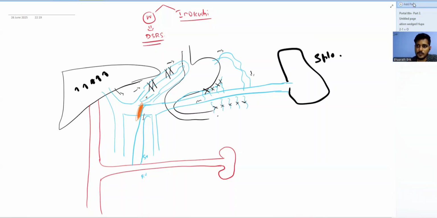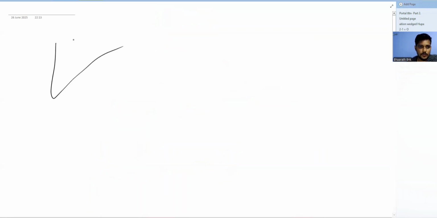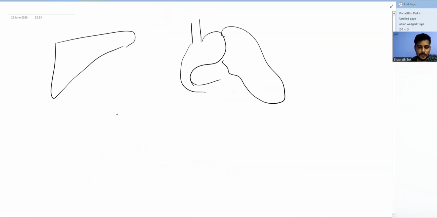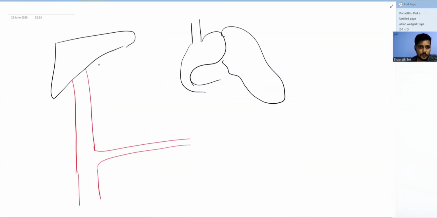So what happens then is, this is liver, stomach and duodenum, spleen. Then there is inferior vena cava, renal vein. Then this is the portal vein. The superior mesenteric vein is fine.